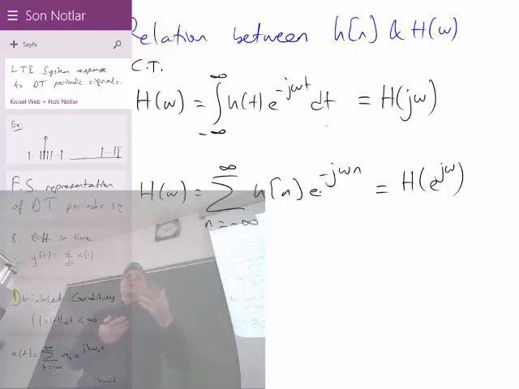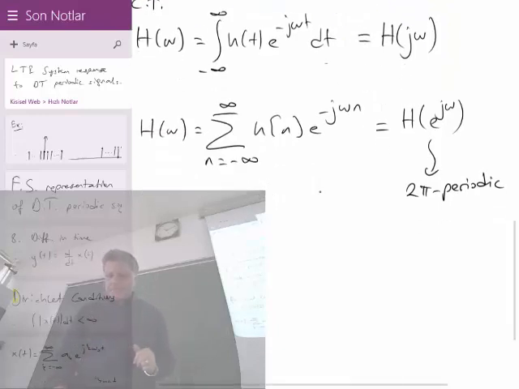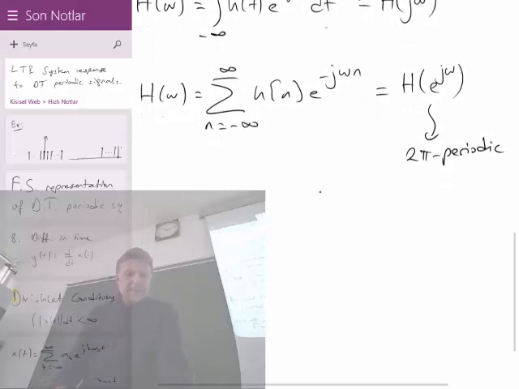If omega is equal to 0, it will be e to the 0, which is 1. If omega is equal to 2 pi, it will be e to the j 2 pi, which is again 1. So this expression indicates that everything here is 2 pi periodic, including the frequency response. The frequency response is also 2 pi periodic. Okay? So that's the difference.